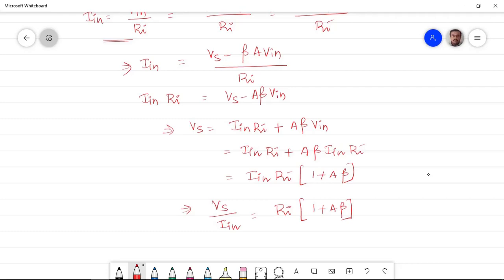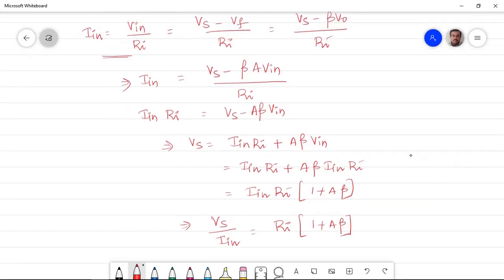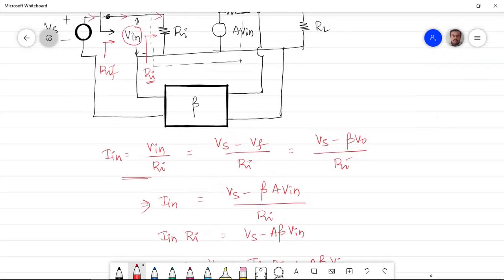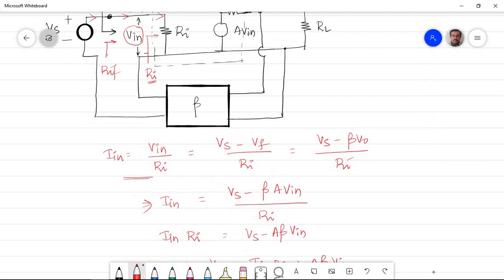So you get Vs by In. Now the question is, what is Vs by In? Remember, Vn by In we called Ri. This equation says Ri is nothing but Vn divided by In. That is standing at this point, looking into the network.